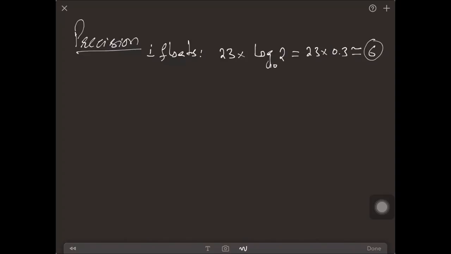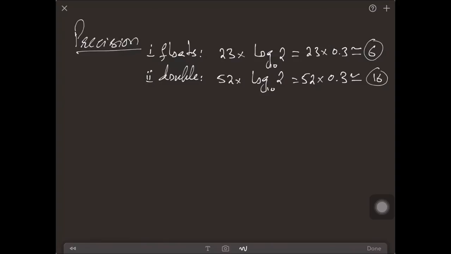So 6 decimal digits of precision are available to us if we are using 32 bits, single precision. And if I talk about the double data type in C, which is in 64 bits, we have 52 bits for the fractional part. So 52 multiplied by 0.3 is almost equal to 16. So for double we have 16 digits of precision.